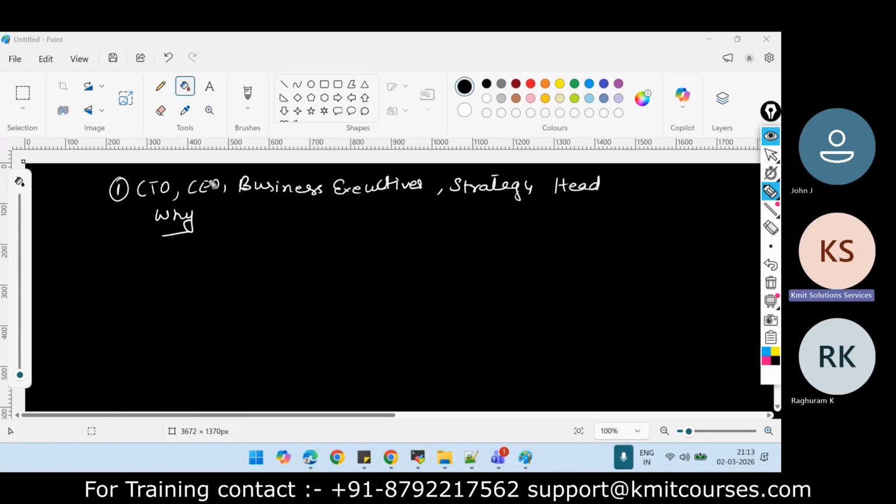But the client is not talking to the enterprise architect directly. Everything comes through a channel. So the CTO, CEO, and business executives come into the picture. They are the sponsors, and they will be the ones to approve the architecture capability.